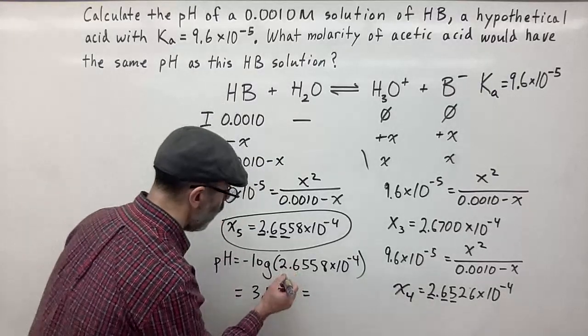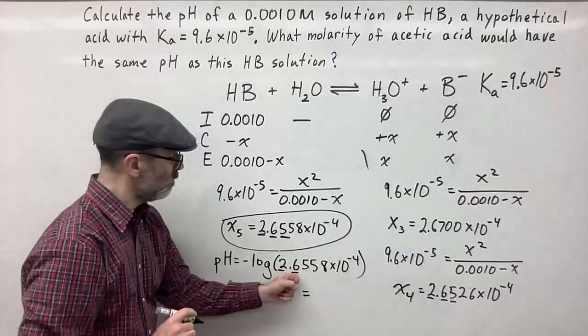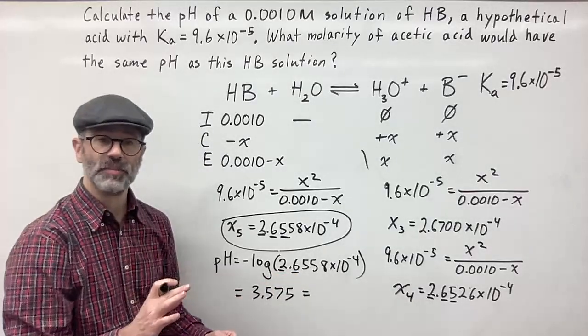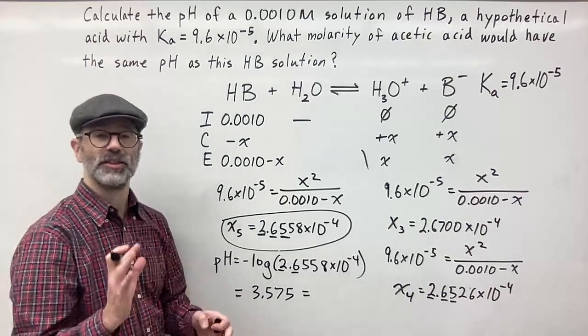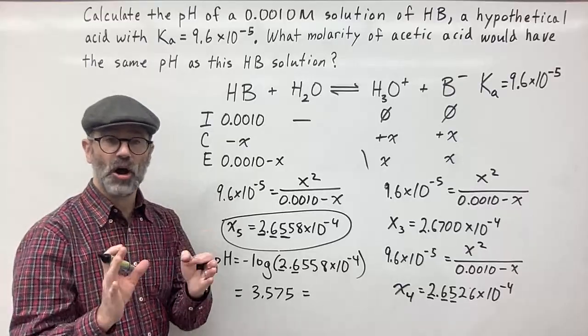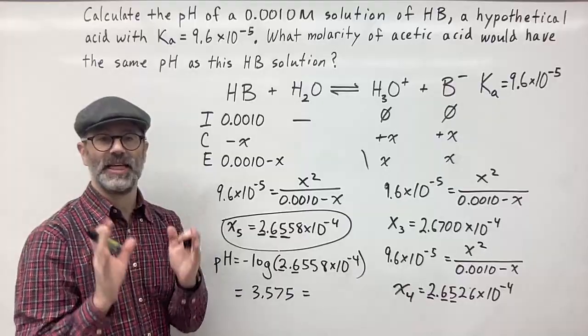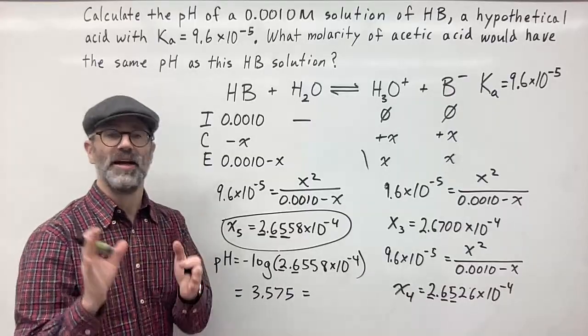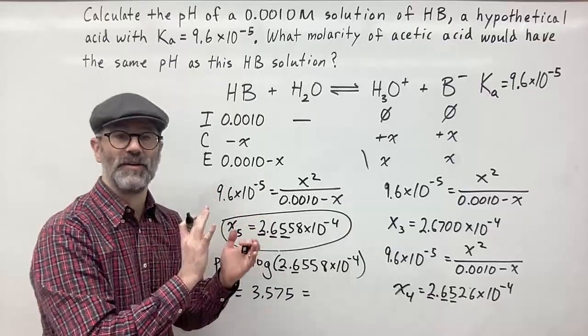3.575, which is also rounded to 3 sig figs, or in this case 2 decimal places, since we took the log. So remember, we're only allowed 2 sig figs here, right? And when you take the log of something, those 2 sig figs translate into decimal places. So the rule for logs and sig figs is that whatever number of sig figs you have in the measurement that you're taking the log of, that translates into that same number of decimal places.